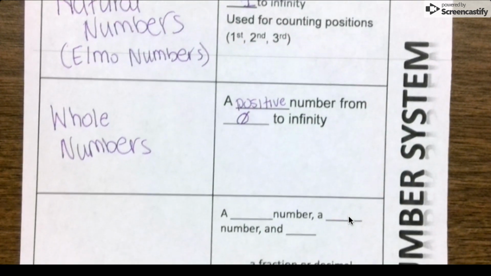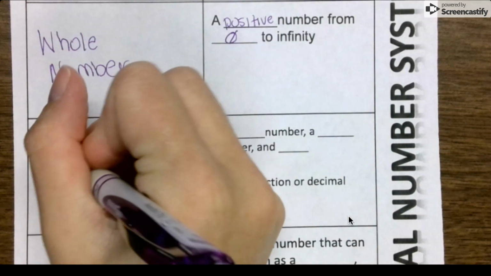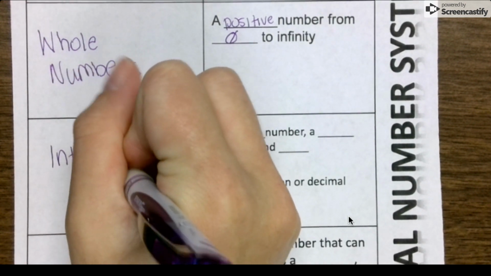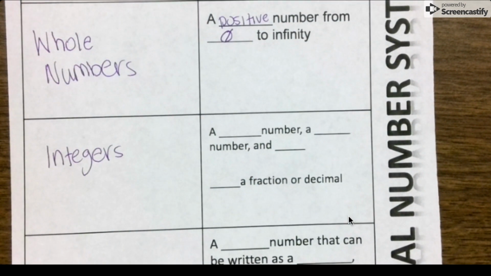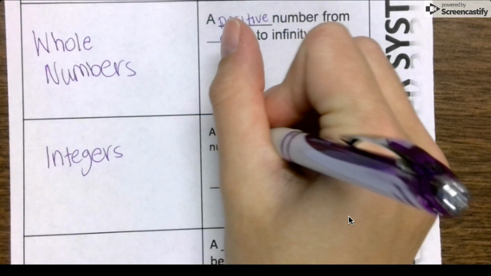The next type of number that we are going to look at are integers. These are the numbers that we've worked with a little bit already this year. When we added and subtracted positive and negative numbers, that's what an integer is.